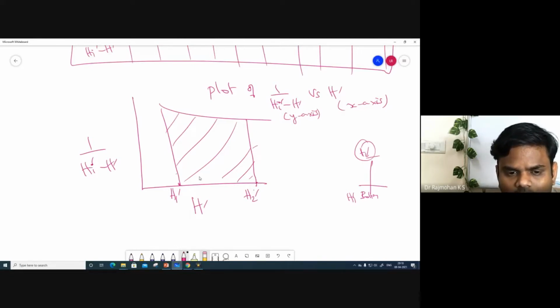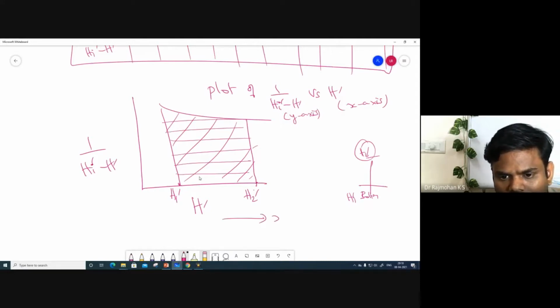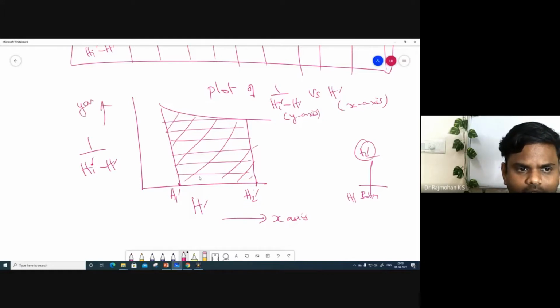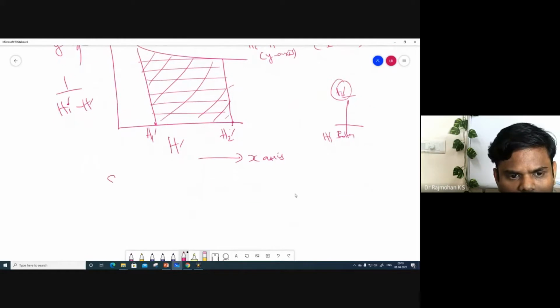How to quantify it? So we will count the number of squares here. Okay, and there will be a scale. So this is your x-axis and this will be your y-axis, right? So we will have a value scale in the x-axis: 1 centimeter is equal to some units, right?